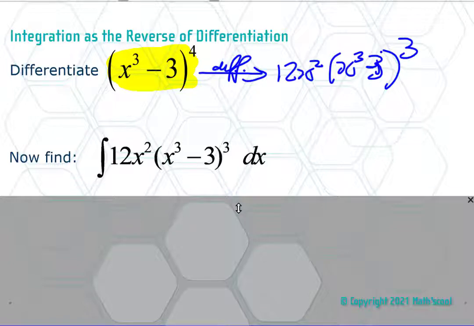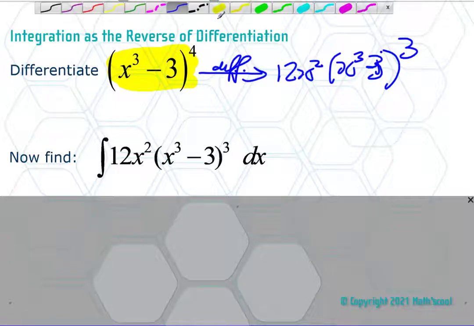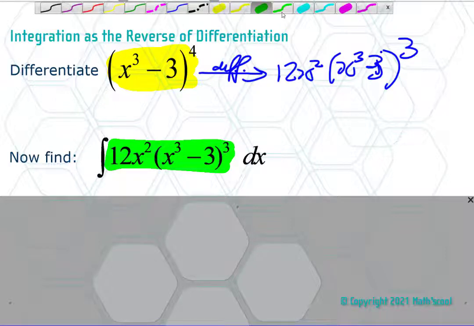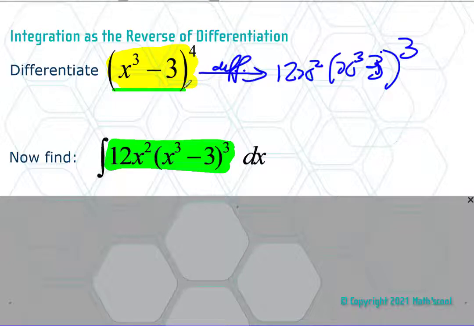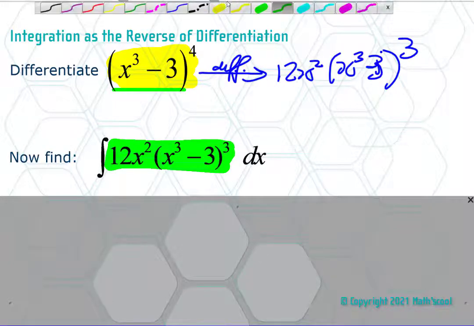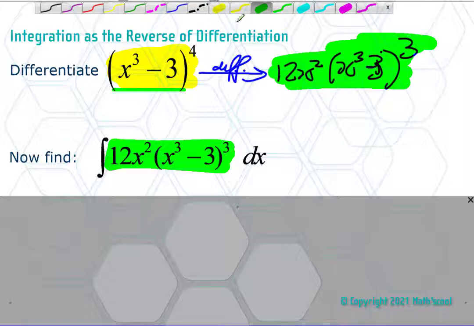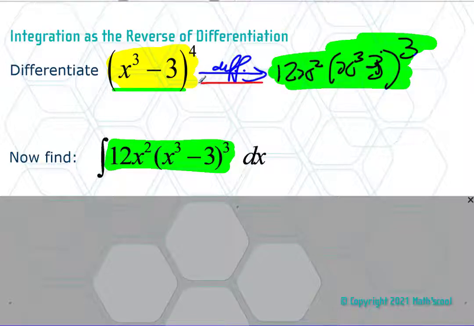Oh, what a coincidence. The thing that they're asking me to integrate is identical to the answer that I got when I differentiated this. When I differentiated this, this was the answer I got. And that's identical to the thing that they're asking me to integrate. And we know that integration is the reverse of differentiation. So basically all I'm going to do is take that arrow and point it the other way.